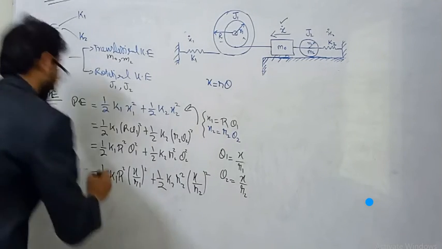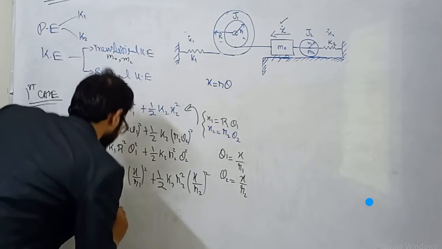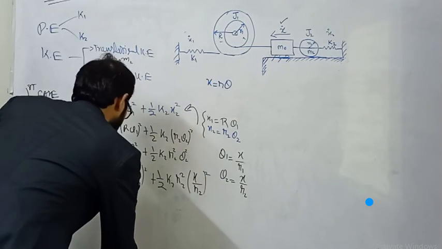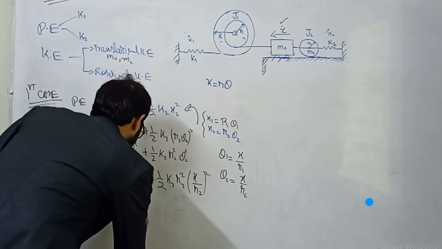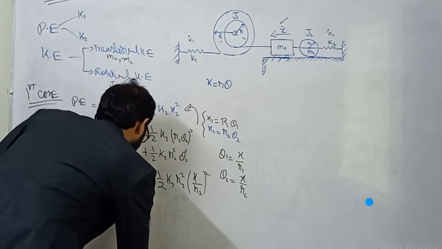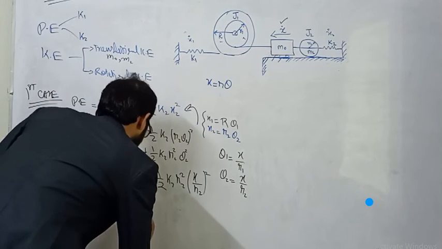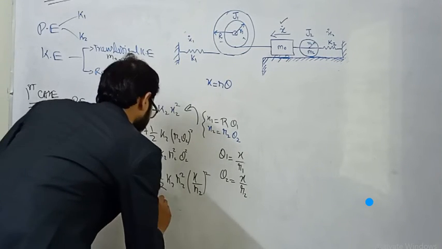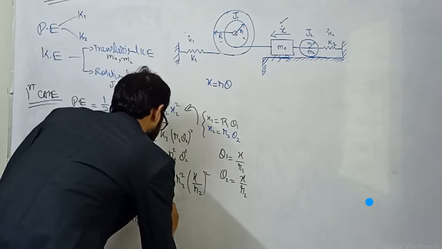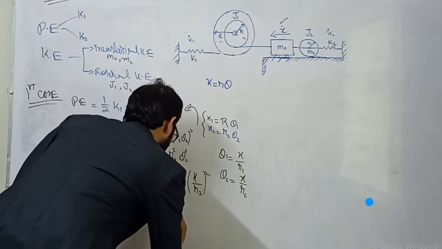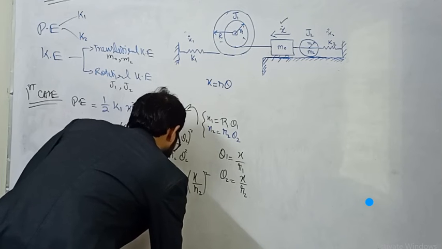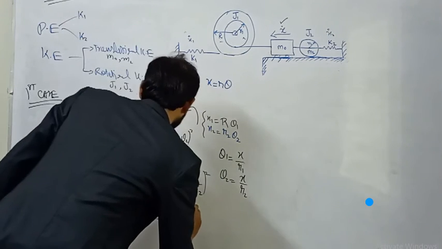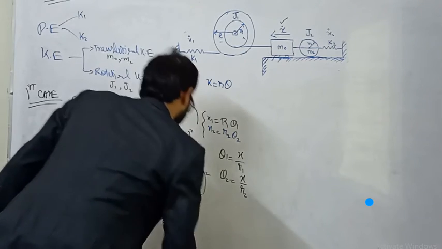Now we will equate them, and we have half. We take the common terms. So we have half k1 capital R square divided by small r1 square plus k2 r2 square divided by r2 square in brackets, and this will be x square.